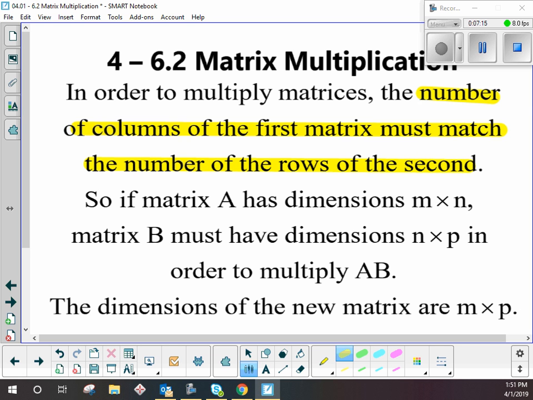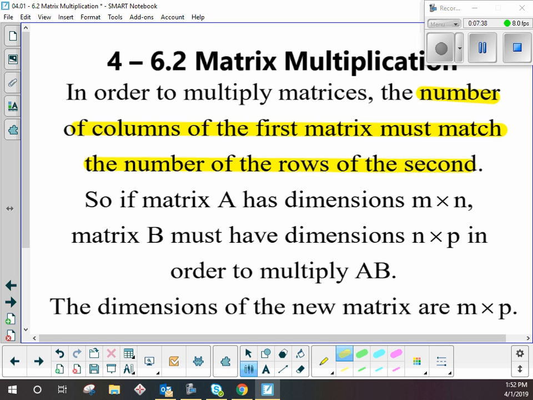So on Friday, when we talked about adding and subtracting matrices, what had to be true about the dimensions before you could add or subtract? They had to be exactly the same. Okay, that's because you were adding or subtracting corresponding entries, so they had to be exactly the same, so they had something to correspond to.